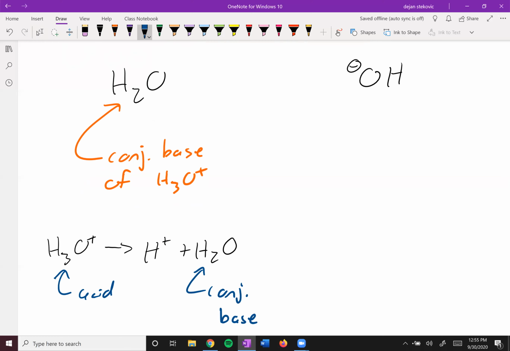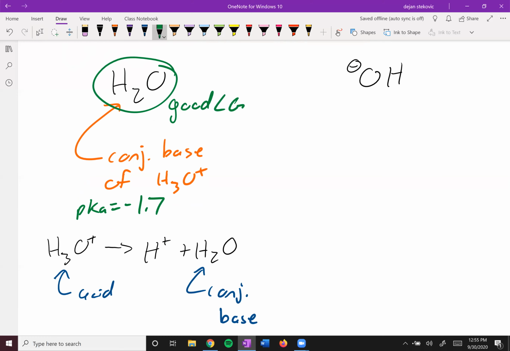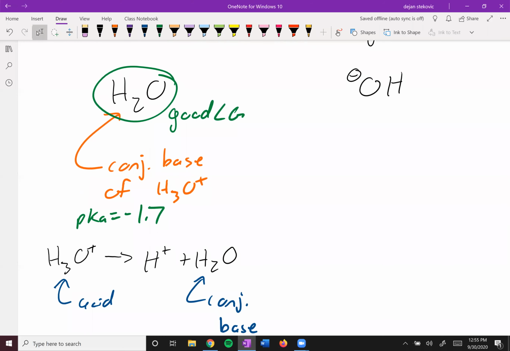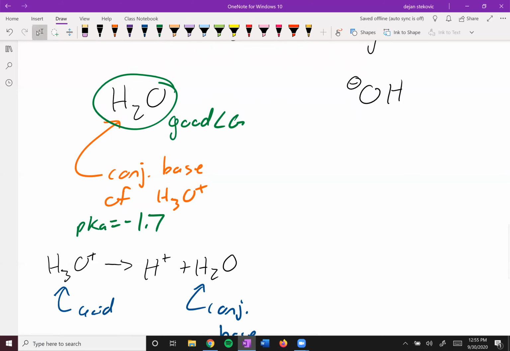And this pKa is equal to -1.7. And so that means that water itself is a good leaving group because it's the conjugate base of a strong acid. Basically, a pKa below 0 is a good rule of thumb.